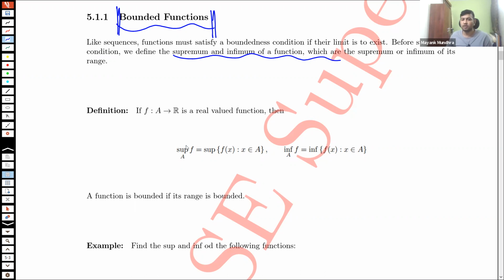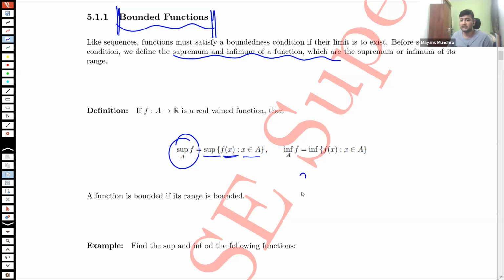The supremum of a function over any set A is basically the supremum of all the values of f of x defined on the set A. So it is something which is greater than or equal to all the functional values.